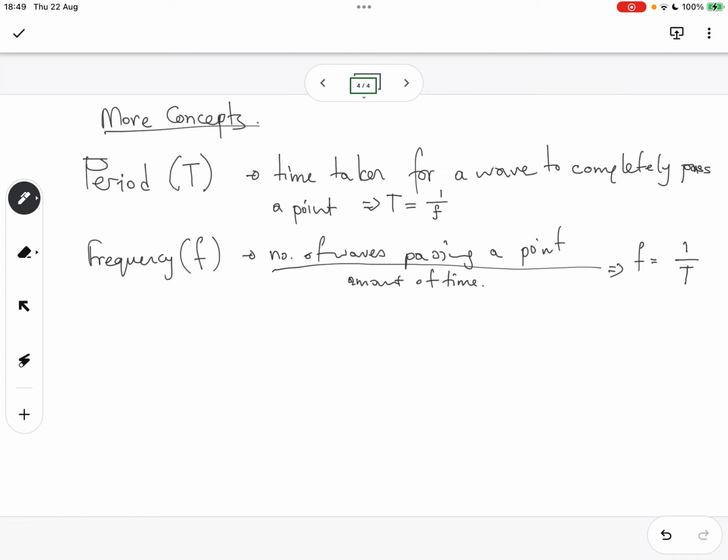Okay? Then the other one is the speed. And I think it's important that the speed or wave velocity... Frequency is number of waves passing a point divided by the amount of time. Yes. But then you said F equals to 1 over T. So, F equals 1 over T, yes.